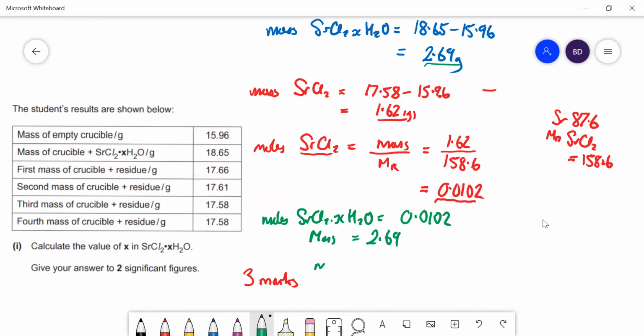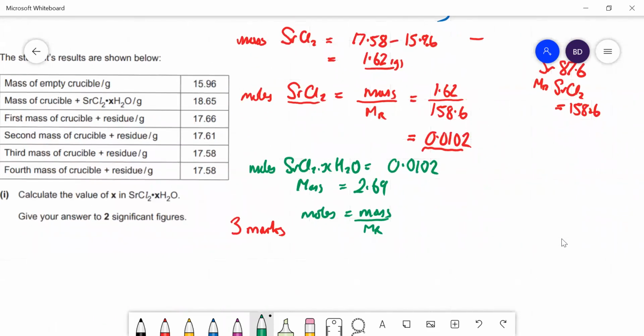Now moles is equal to mass over MR. So the MR, we'll just rearrange that. Mass over moles. And if we know the MR, we can work out the value of X in that formula. So the mass is going to be 2.69 divided by 0.0102, which is equal to 263.35.